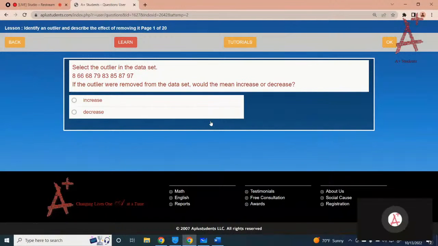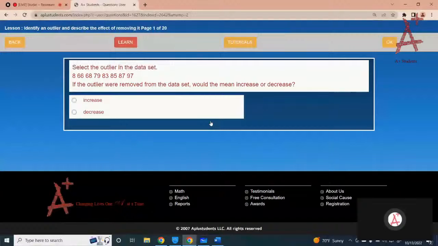Okay, which value is the outlier here? 8 is the outlier because all the other numbers are in the 60s, 70s, and 80s. Just 8 is much smaller than the other values. So 8 is an outlier, and it is a small value. When you remove it, the mean is increased.